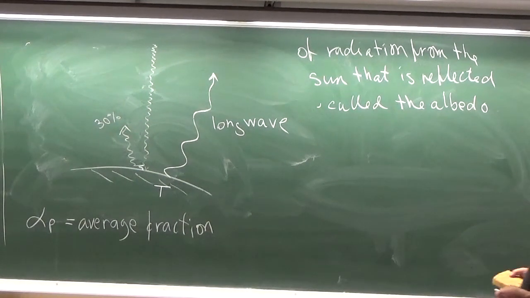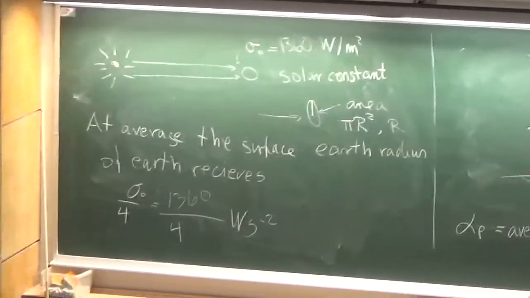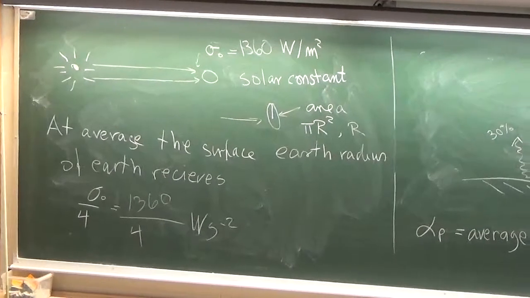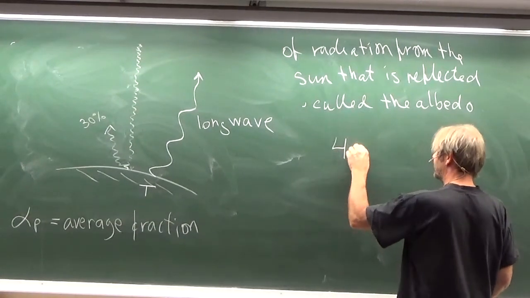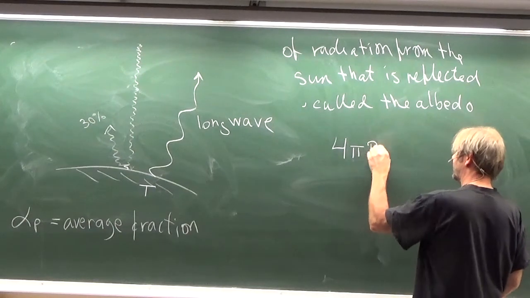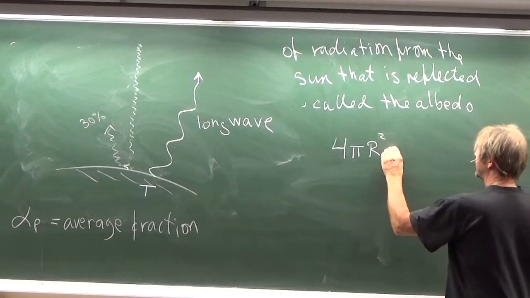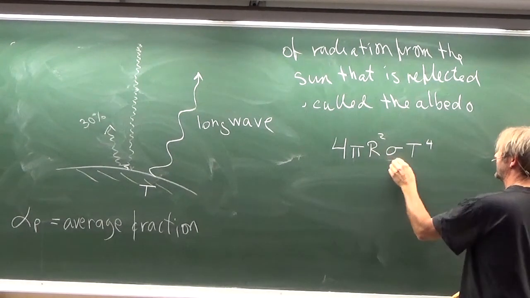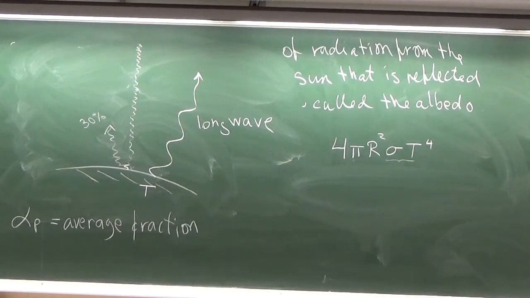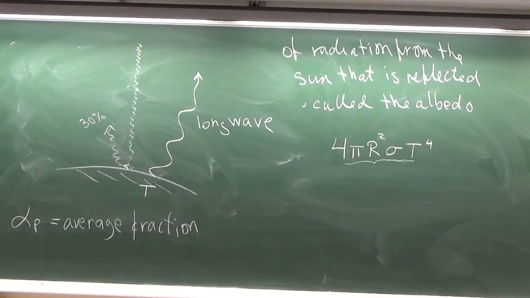So let's put up an energy balance sheet here. The Earth has an area of 4 pi r squared, and as a black body, this is the power radiated out, the watts that are radiated out.